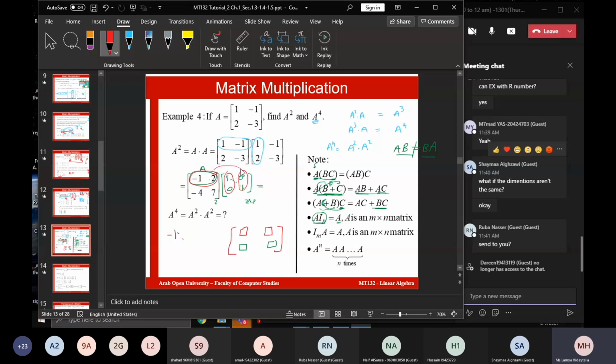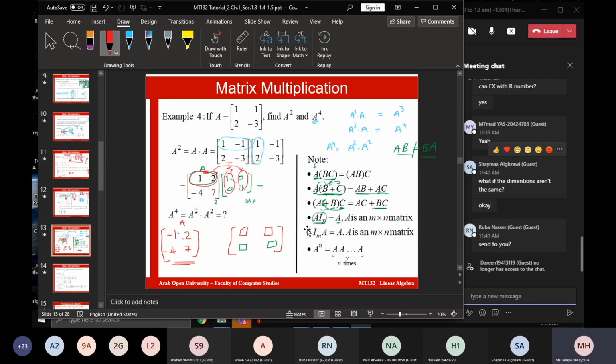Now when you multiply here, minus 1 times 0 is 0, plus 2 times 1 is 2. So it's clear you're going to get the same answer. Here you will get minus 4 and here you get 7. So if we multiply any matrix by the identity, we get the same matrix, our A. Clear? So A times the identity equals A.